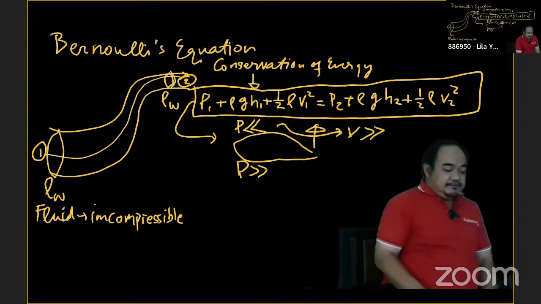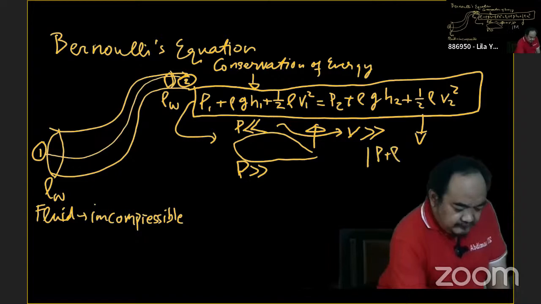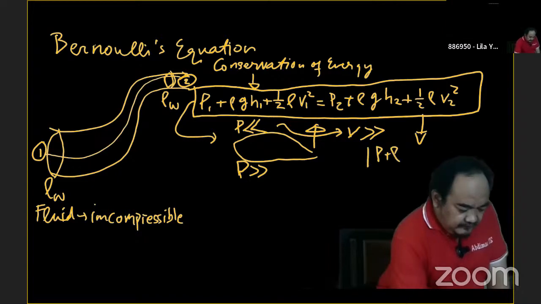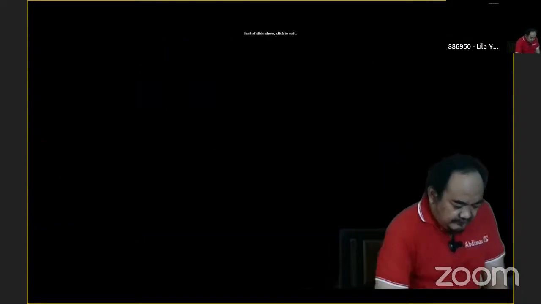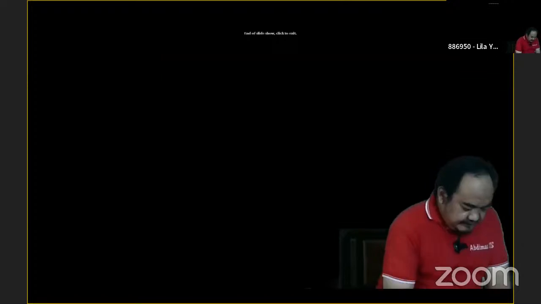This is because from the Bernoulli equation, P plus rho g h plus half rho v squared is constant. Sorry, I will run the slide again.